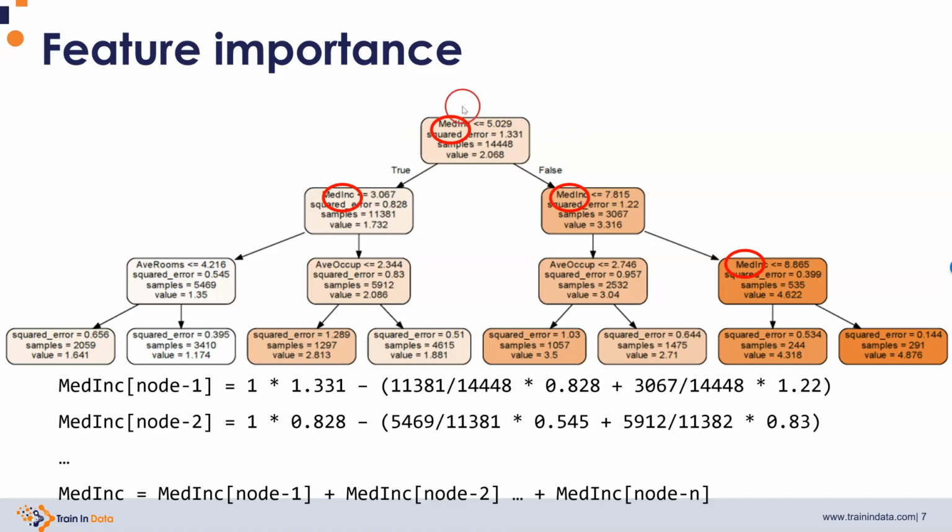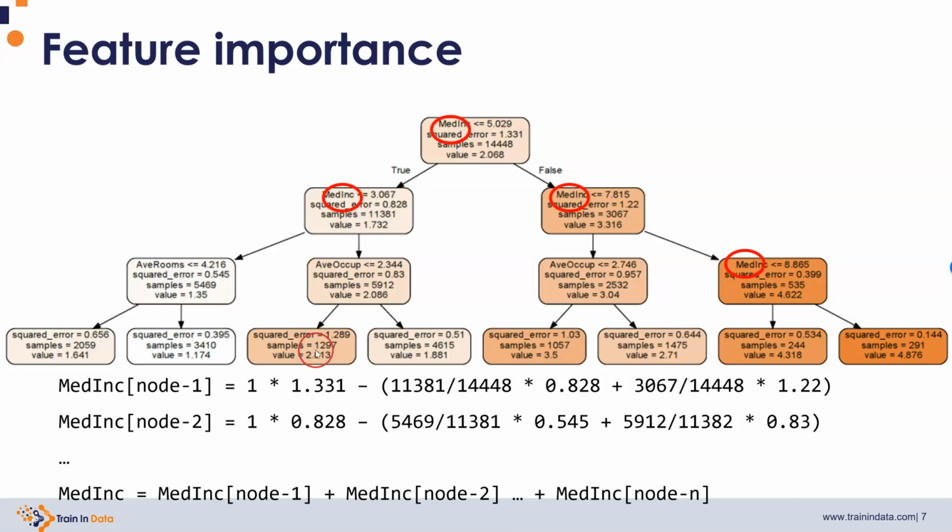But to obtain the total importance of median income, I need to add the importance of the median income at this node. And just to elaborate this calculation a bit further, I need to treat this node individually. So I'm going to take the squared error, which is 0.828, and here I multiply it by 1 because we are using this number of observations now as the base.